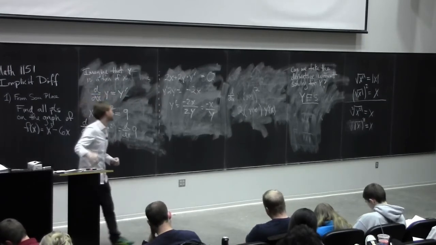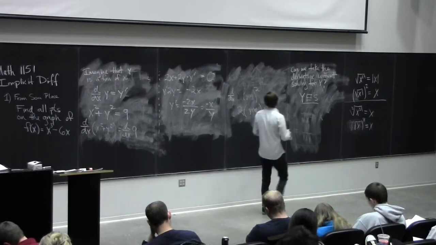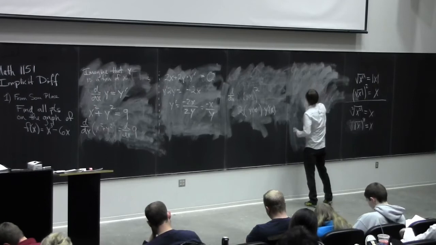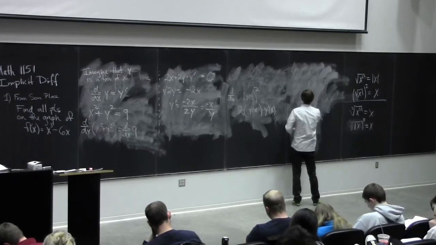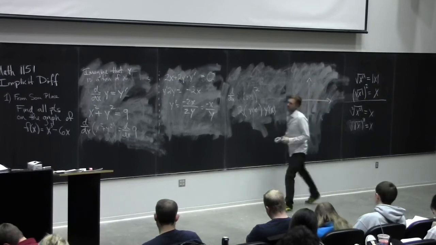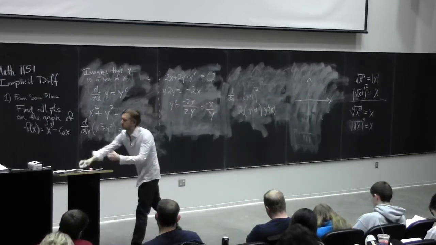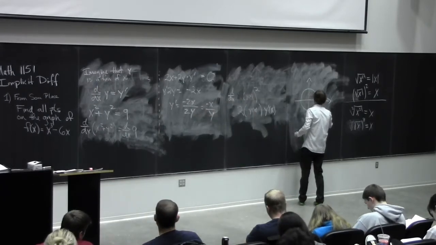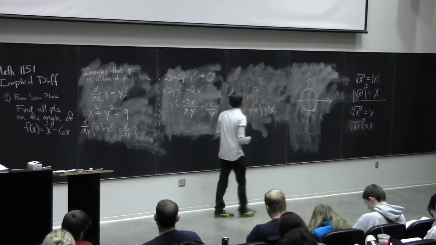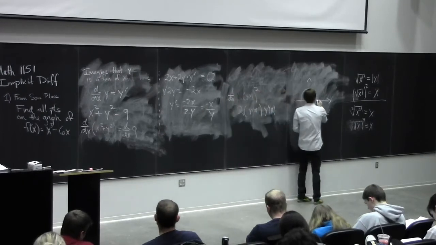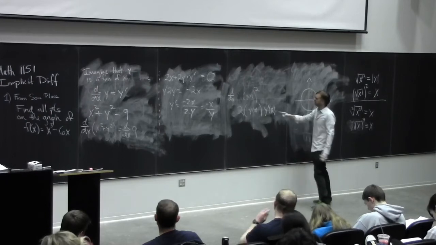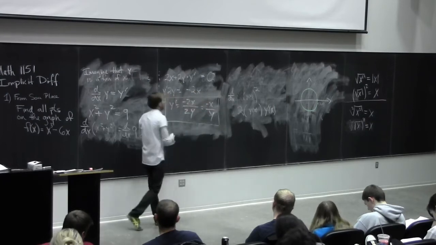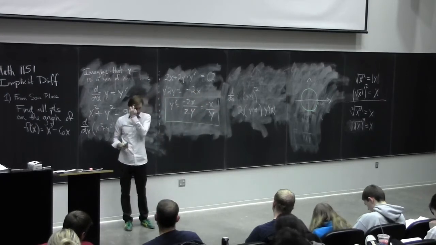Let's see if this makes sense. I should have been working on a unit circle. All right, so this point here is 3, 0. What do you get when you plug in 3, 0 to this formula right here? Undefined, right?